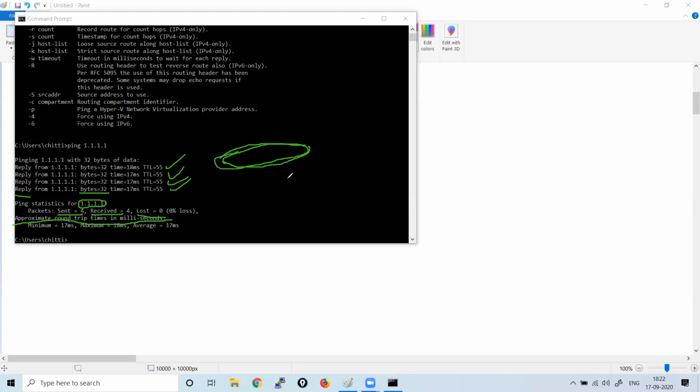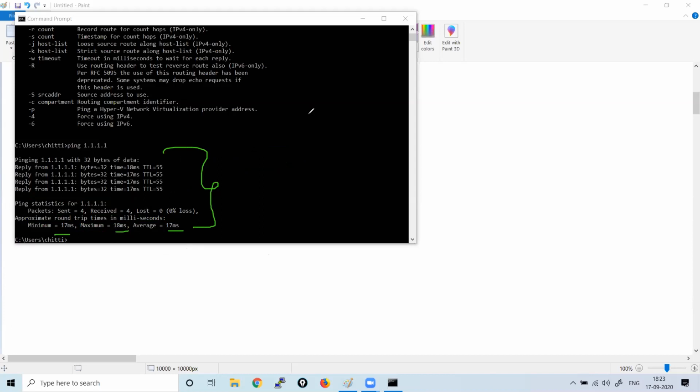Is it clear? Yes. What is the maximum value? What is the minimum value? What is the average value? These are the calculations depending on the round trip. Any doubts so far? No. This is something automated. We don't have any control on it.